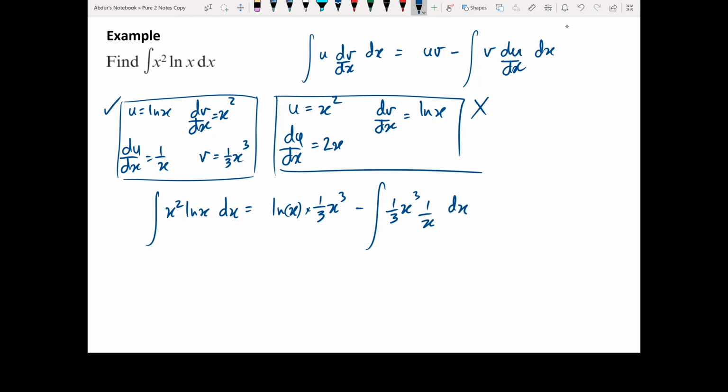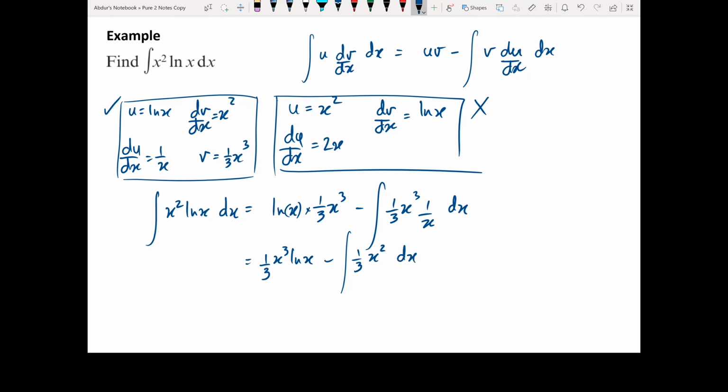Let's tidy this up a bit. So we end up with 1/3 x cubed ln x. And if we simplify this, the integral of x cubed over x becomes x squared, so it becomes 1/3 of x squared dx.